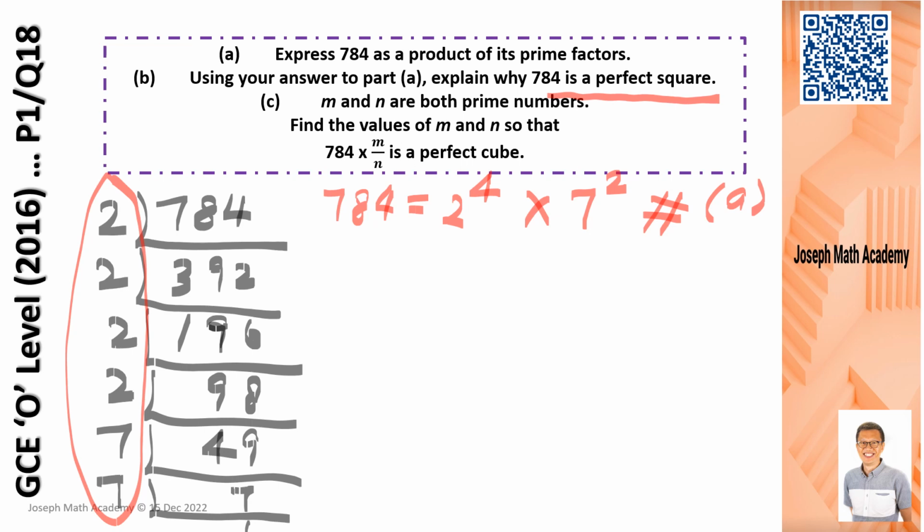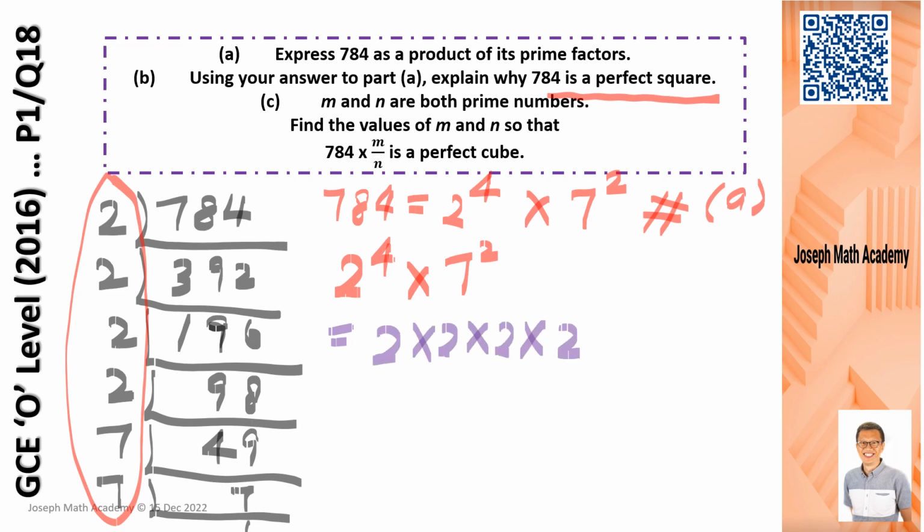To do so, I want to write the product of the prime factors belonging to 784 in an expansion form. Okay, so I'm going to expand it this way: 2 times 2 times 2 times 2. That is the meaning of 2 to the power of 4. 7 times 7 means 7 to the power of 2.